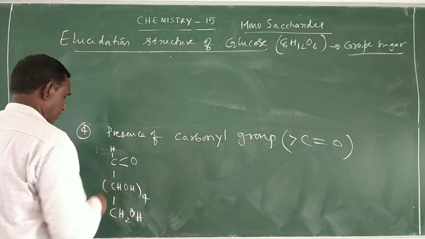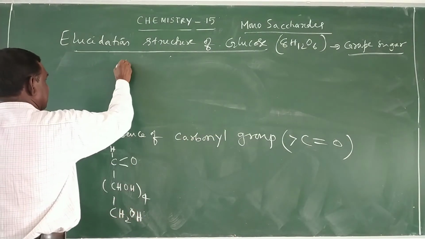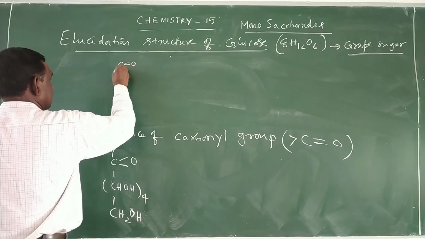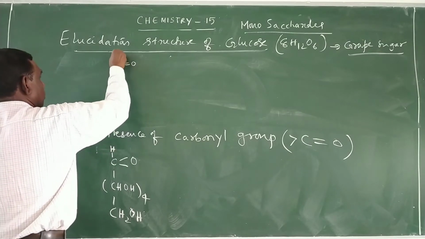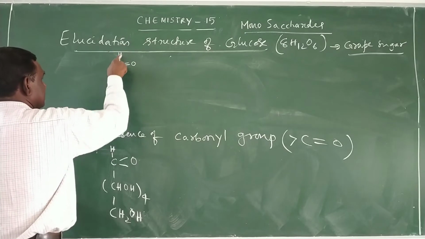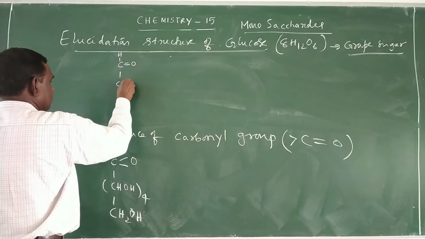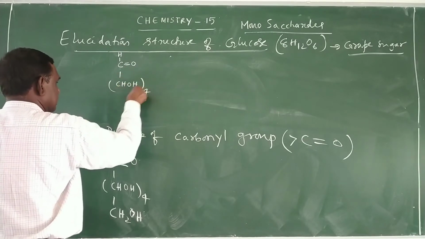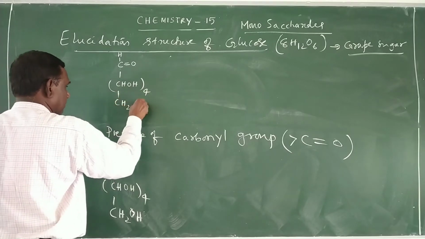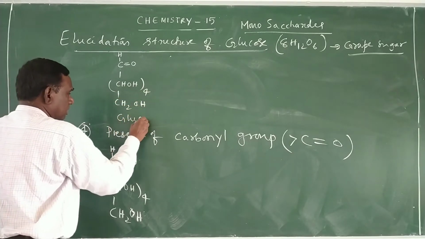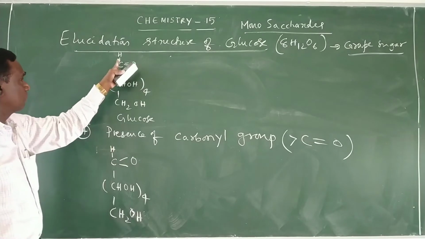CHO can be written as CHO, single bond, CHOH four times. This is glucose. Now, where is this carbonyl group present?